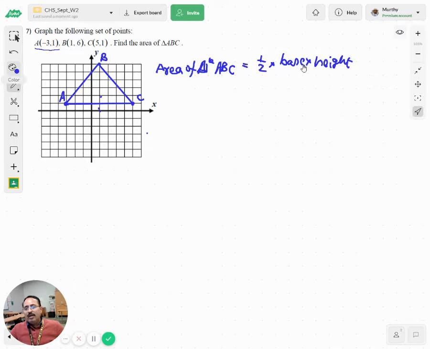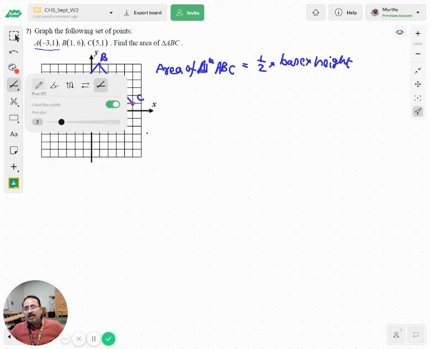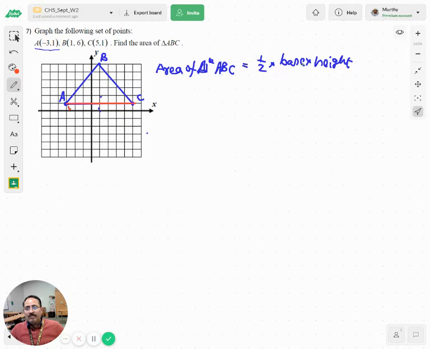Well, let me take this one. So base is, I would say, from A to C. Let me count the number of blocks. 1, 2, 3, 4, 5, 6, 7, 8. Therefore, base is 8 units here.